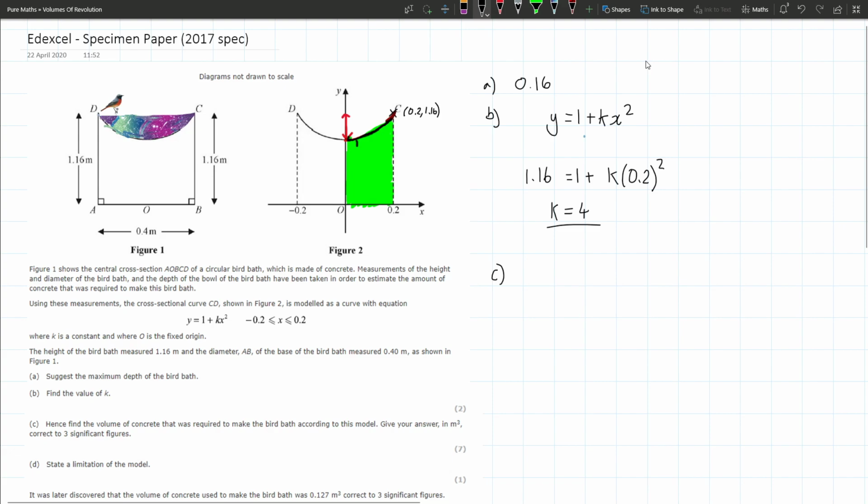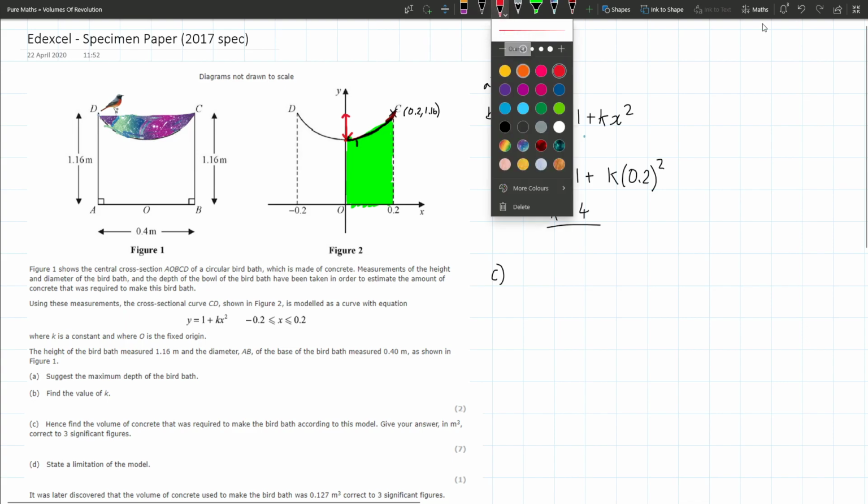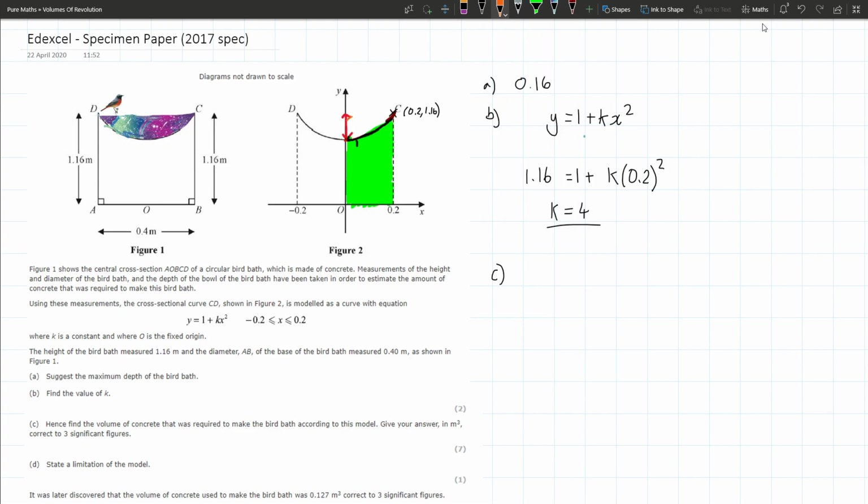So this bit we're finding is going to be this rotated around the y-axis. So let's do that in a different colour, and then we can label it as appropriate. There we go.